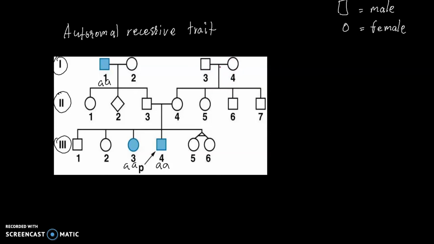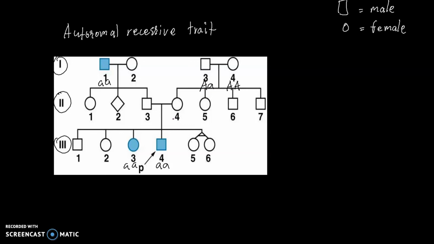So in this case, in the first generation, either individual number 3 or individual number 4 must be heterozygous, which is to say one of them must be big A, small a. The father is the carrier, so the mom is big A, big A. Both of them could be carriers, but one of them must be big A, small a.